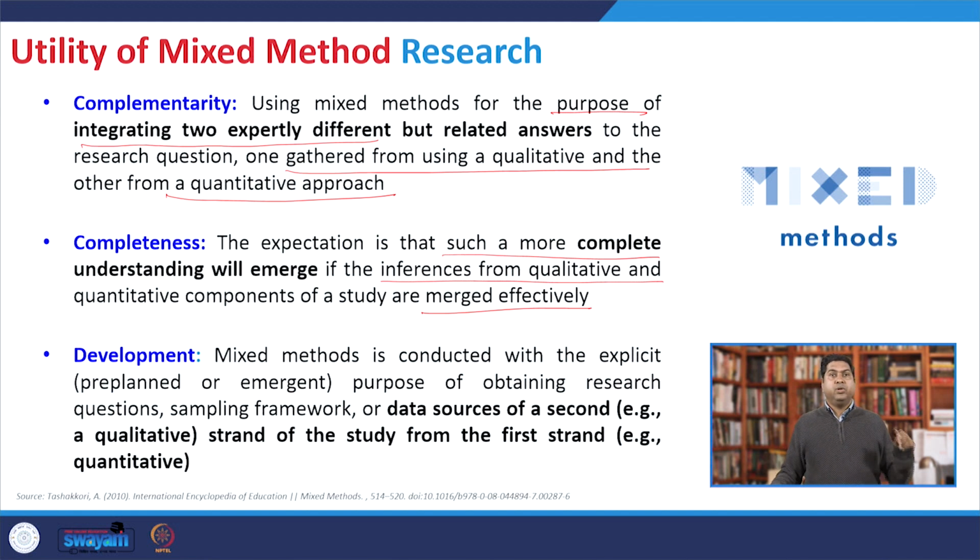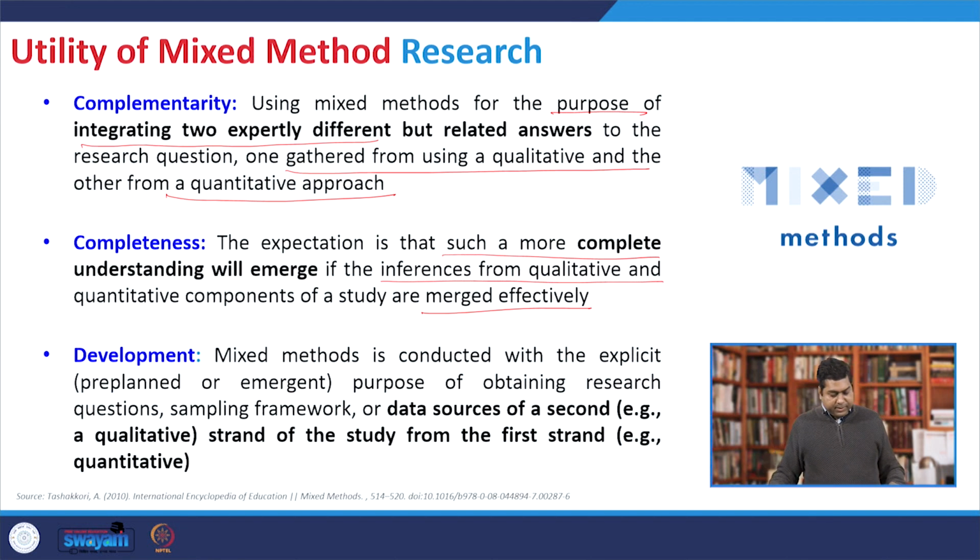You don't have any objectivity in your findings or on your inferences. So in that case, to make a comprehensive, complete understanding, sometimes it is required to use both methods to confirm the findings or the phenomena.